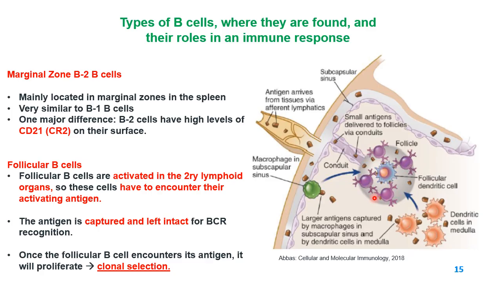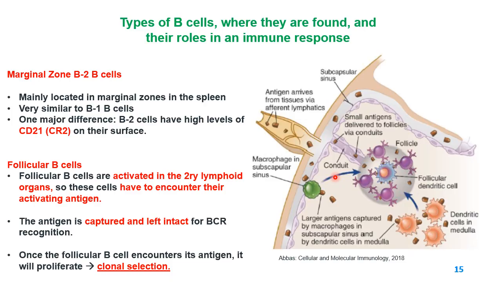And another way is that you can have your antigen presenting cell, in this case here's a macrophage, but you could have your dendritic cell that is going to bring this antigen to the follicle and present it to the B cell.